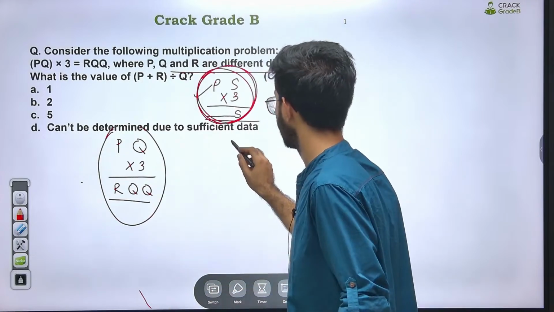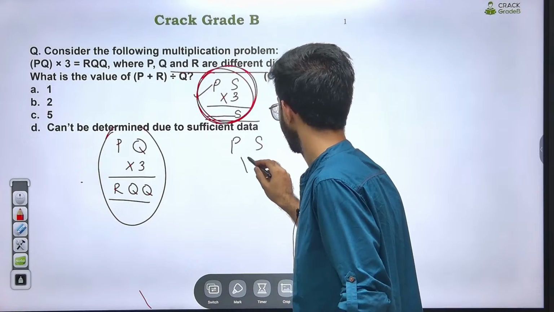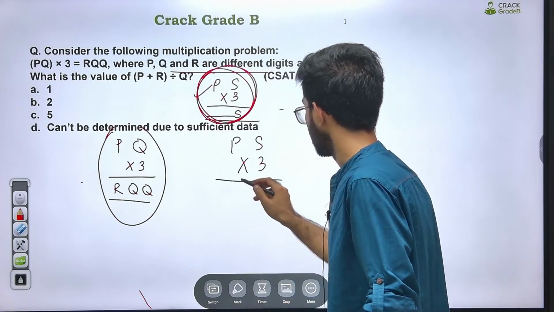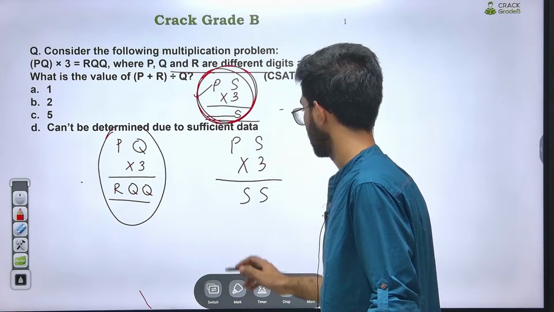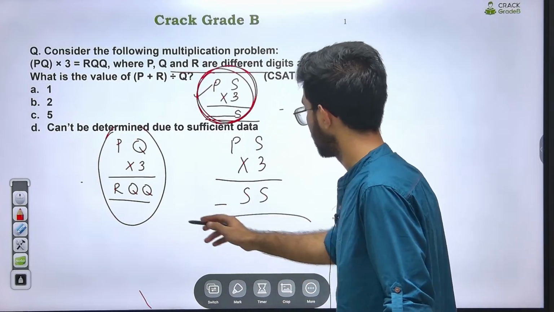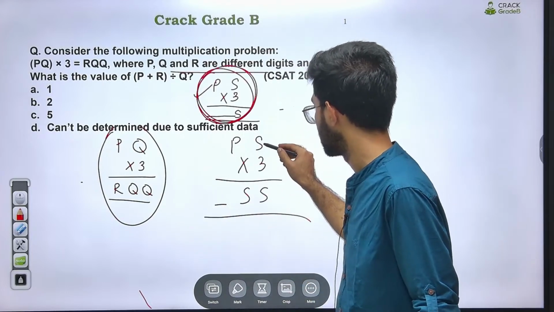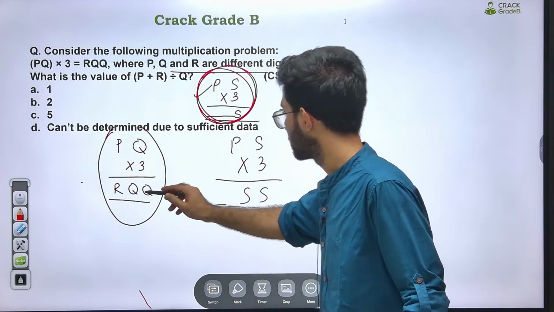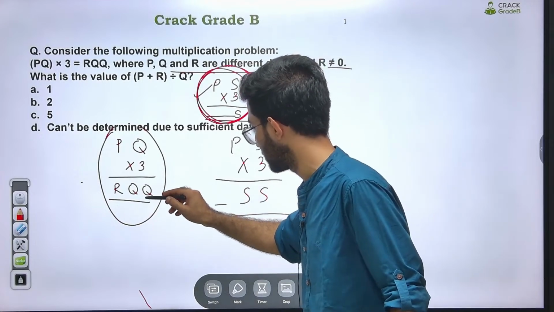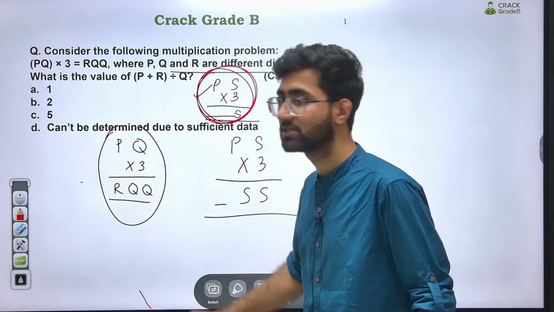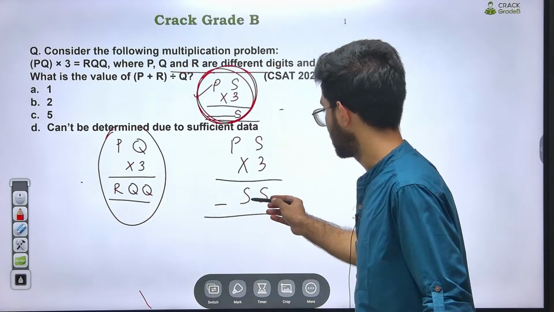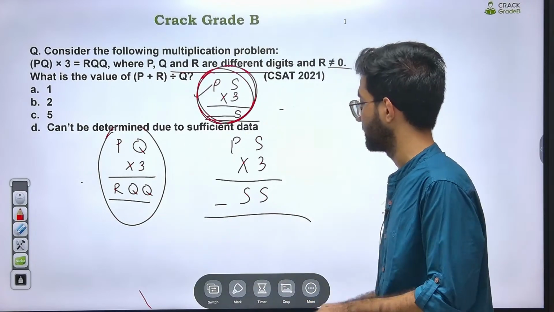So basically, if you multiply PQ with 3, you should get 5, 5, right? Why are we writing 5 and 5? See, the value of Q is 5. So basically, there are two digits. See, at unit place Q is there, at tens place Q is there. So basically, this is 5 and 5.